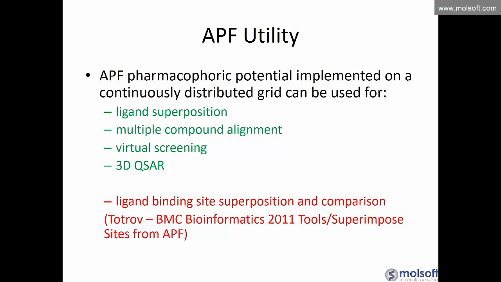So you can use the pharmacophoric properties of the pocket and superimpose protein structures, which are otherwise quite hard to superimpose because there's no sequence or structure similarity. That's described by Max Totrov in this paper back in 2011. And the option there is in Tools, Superimpose Sites from APF, if you want to try it.